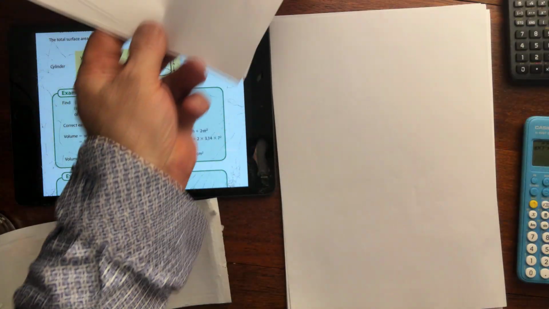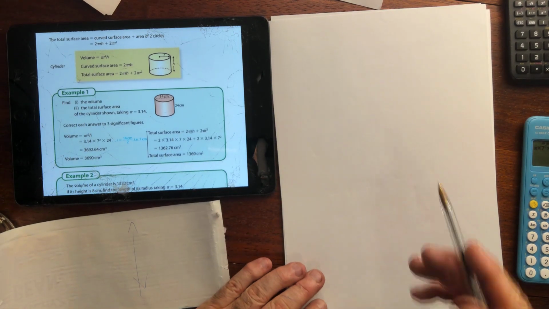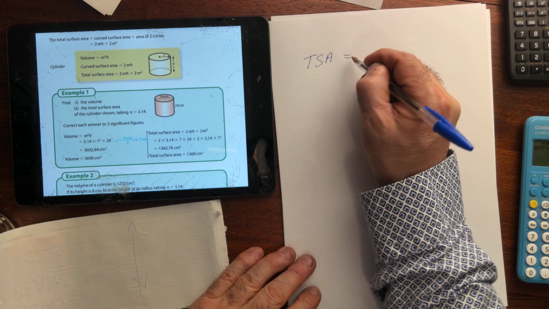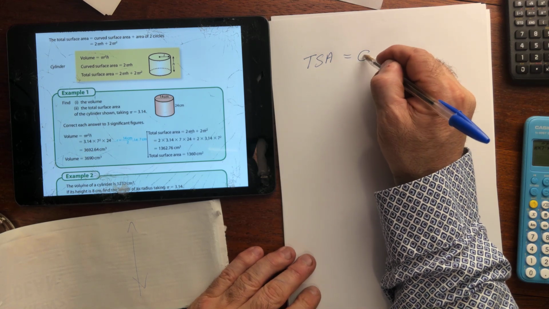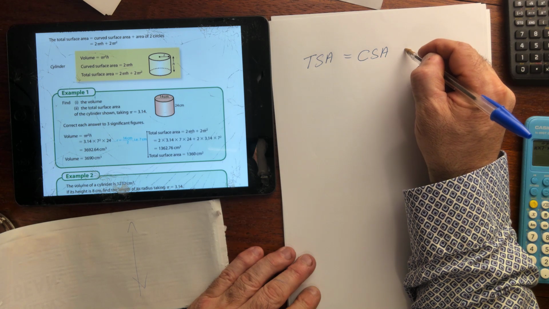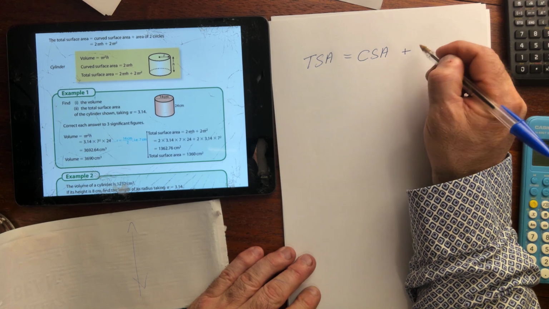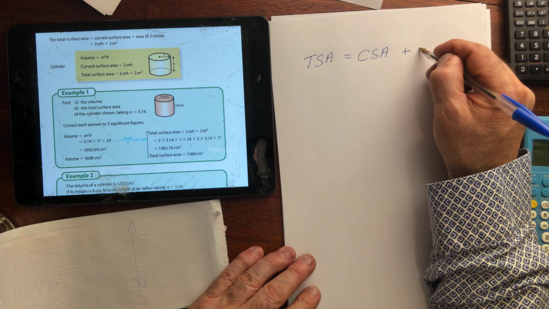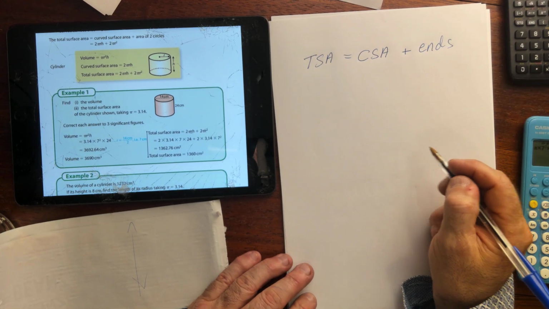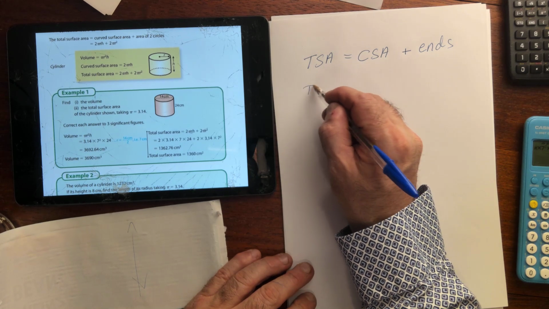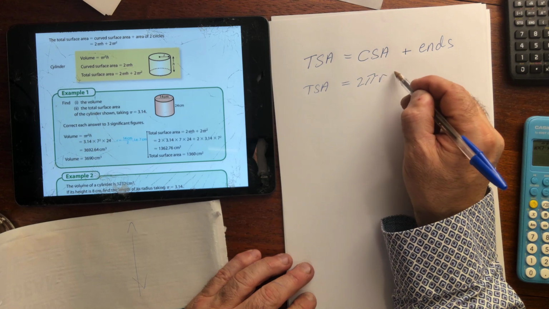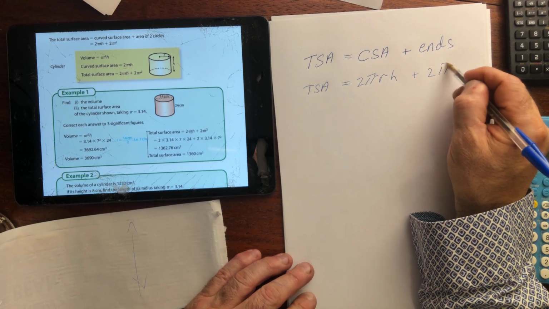So next we're going to get the surface area, the total surface area. So we write TSA for total surface area, and we write CSA, curved surface area, plus the two ends. Okay, and we have that the total surface area equals 2 pi r h plus 2 pi r squared.